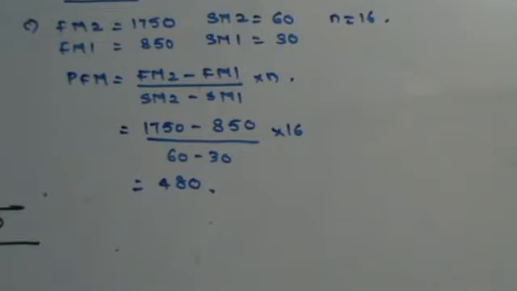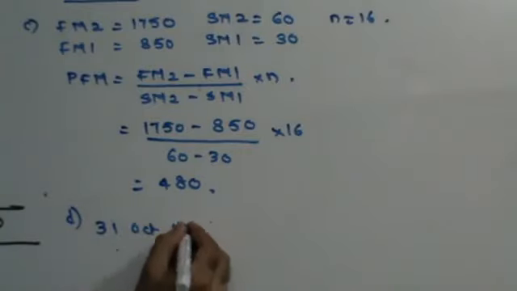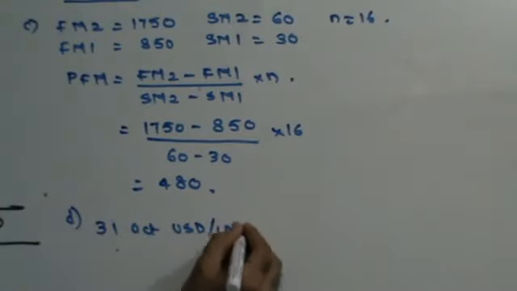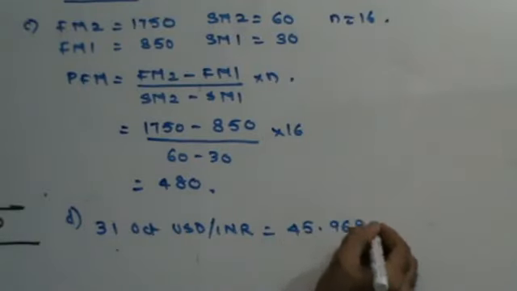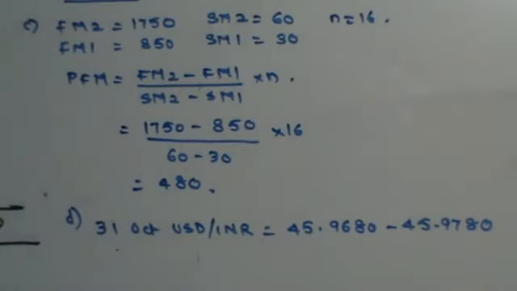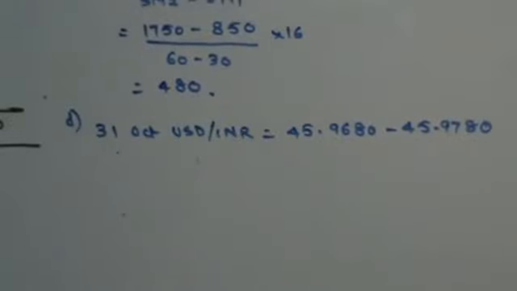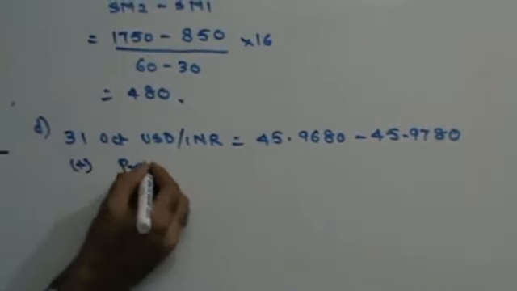Fine, do we get this thing clear? Now, in that case, I know my rate on 31st October USD INR. We have already found out the rate as 45.9680, 45.9780, right? Now, since both my forward margins are in premium, therefore my proportional forward margin will also be premium.